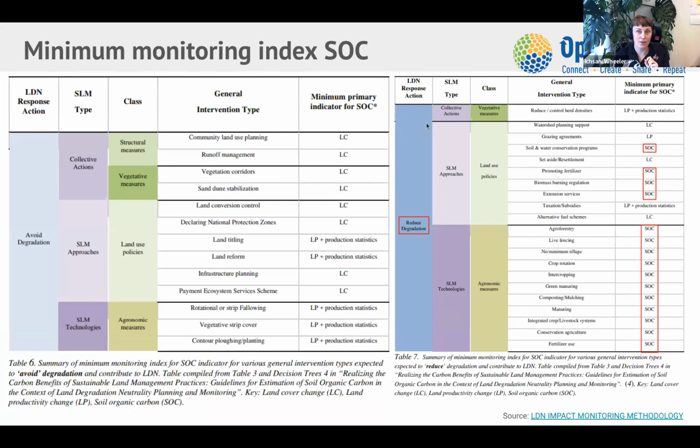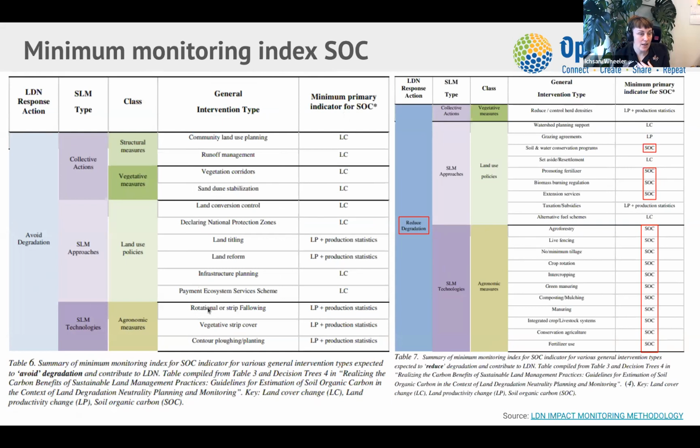And what I want you to know is that on the left side, LDN response action. Okay, this is the avoid degradation. This one is reduce degradation. And then there's another slide with reverse. See, it's the next one. Okay. And then on the far right side, the minimum primary indicator for soil organic carbon.